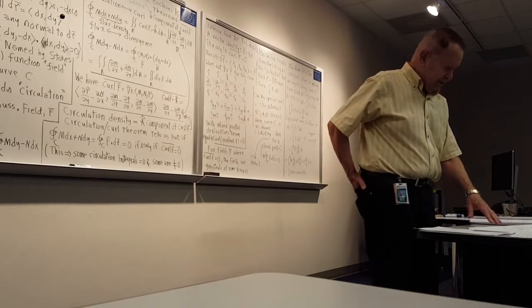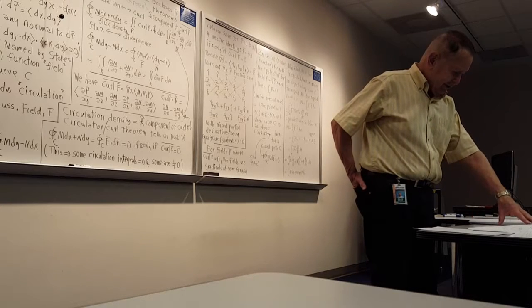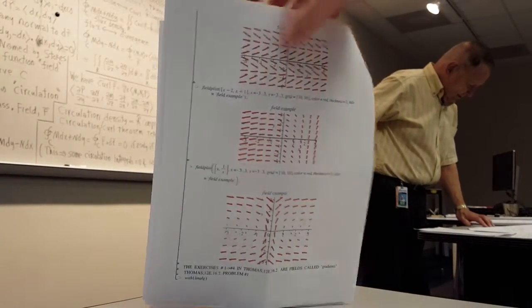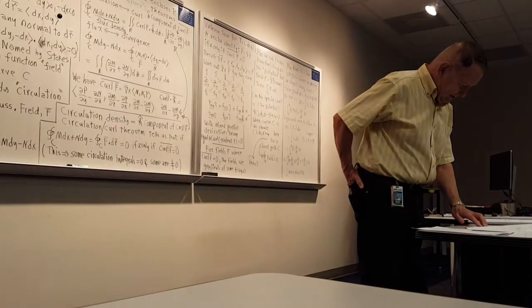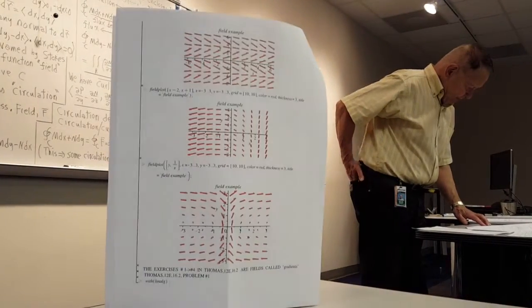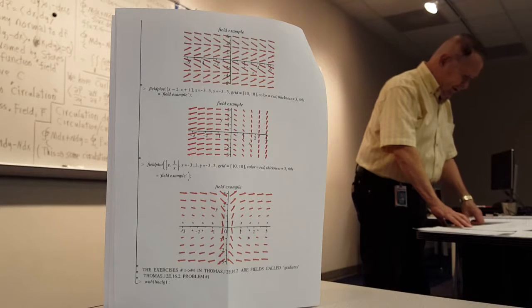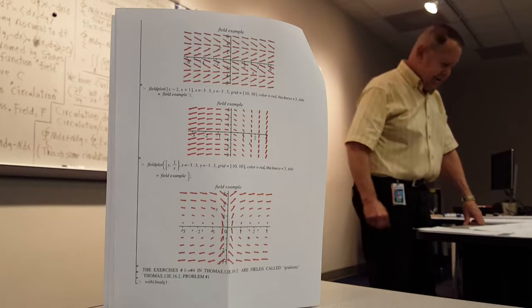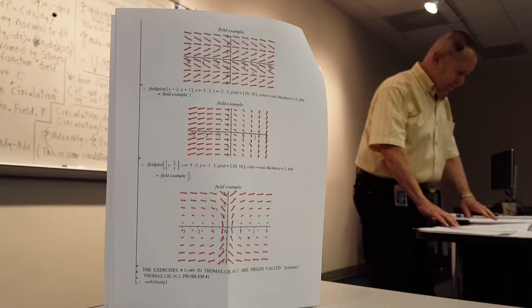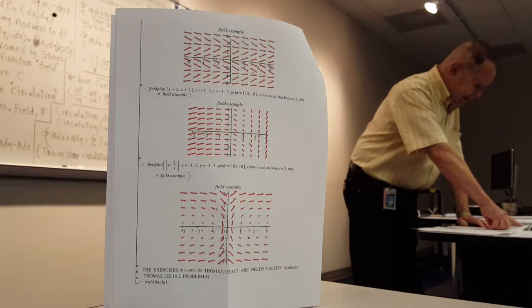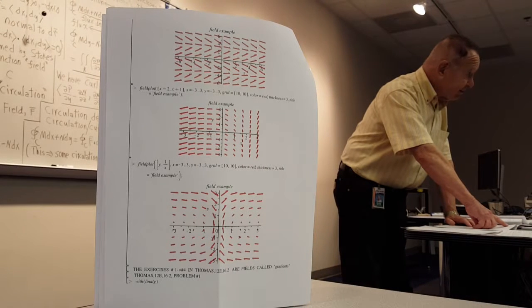There's a whole page we've gone through here that's fields in red ink, and then it says the exercises 1 through 4 in Thomas are fields called gradients, and so you can get Maple to work the gradient, not that you should need to. And so you see I type grad and then my function.